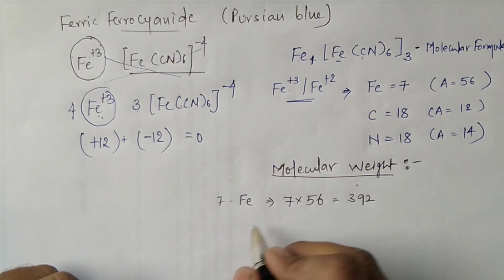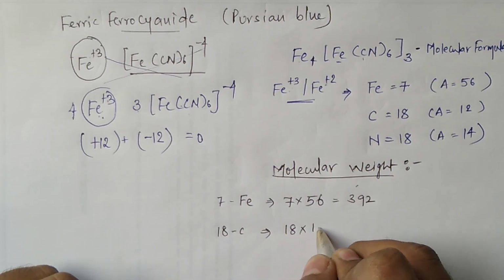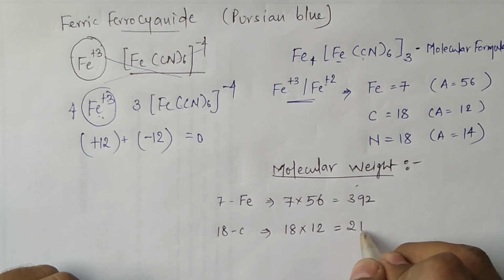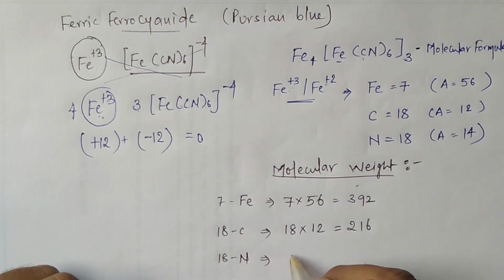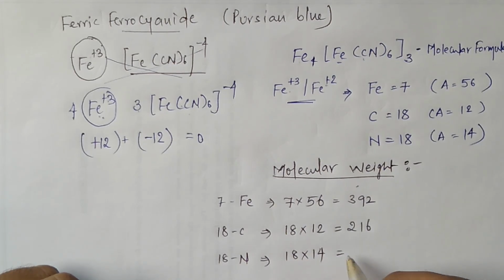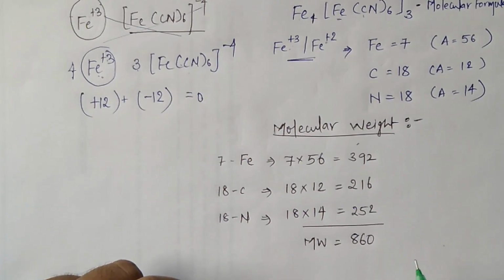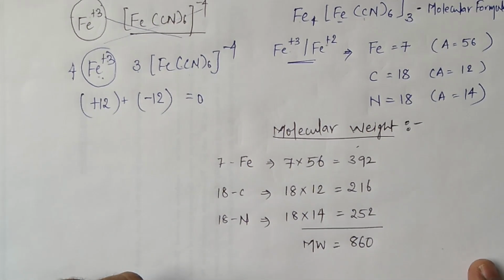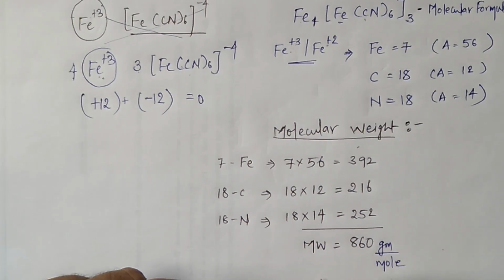Okay, then I am having 18 carbon atoms, that means 18 into the carbon atomic mass 12, that will be somewhere around 216. Then I am having 18 nitrogen atoms, so 18 into 14, and that will be equal to 252. So if I make a total, the molecular weight will be equal to 860, and as I have told you, 860 I cannot write as such, I have to write gram per mole.